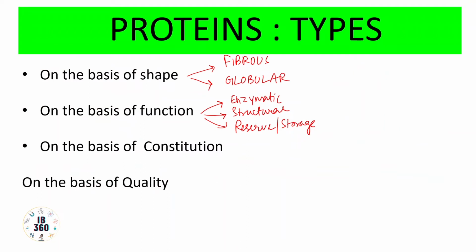Then comes the structural proteins. They are also known as protoplasmic proteins. They form part of cellular structures and their products. For example, colloidal complex of protoplasm, cell membranes, contractile proteins, structural proteins of hairs and nails.